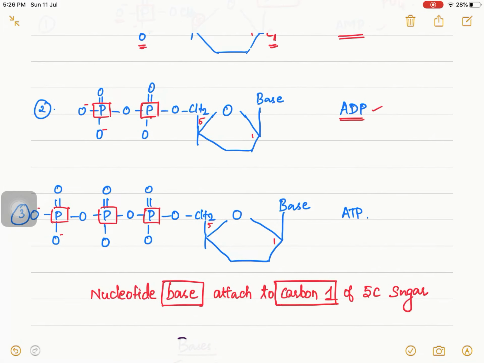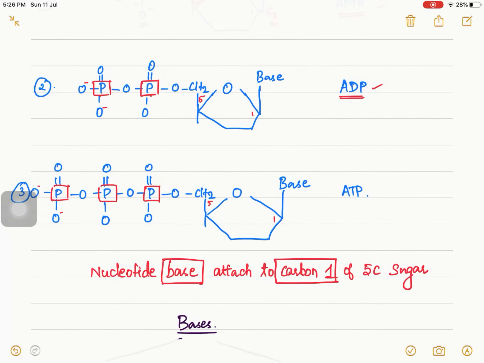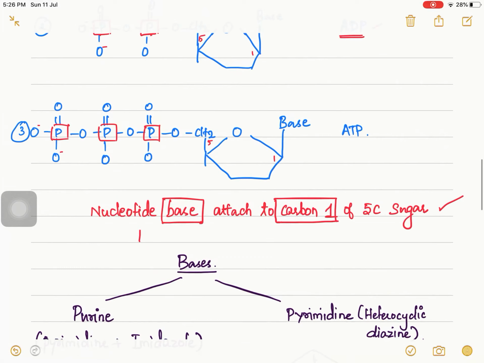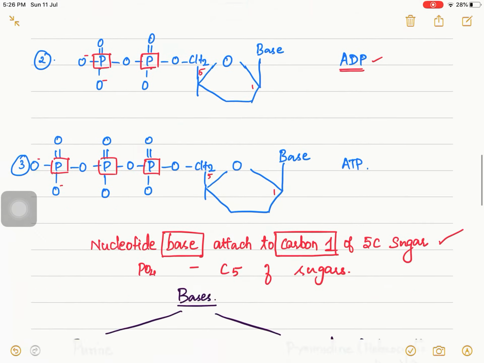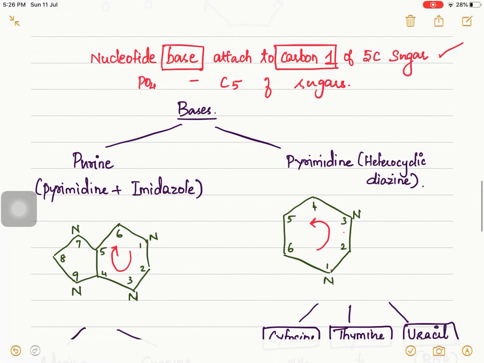If 3 phosphate groups are attached, then it is adenine triphosphate. So the nucleotide base will attach to carbon 1 of the 5 carbon sugar, whereas the phosphate groups will attach to carbon 5 of the sugars. So this is a short detail on phosphate groups.